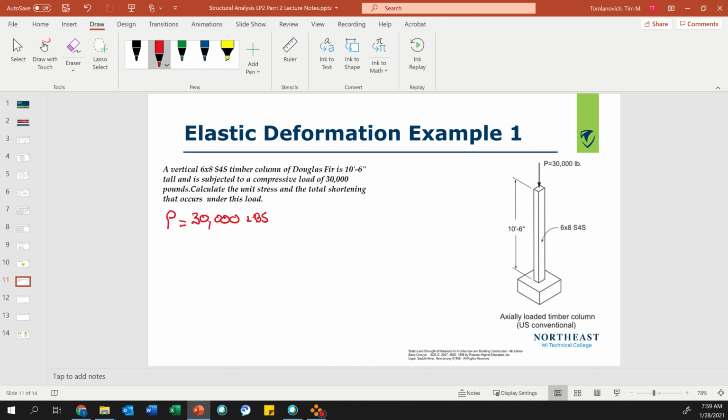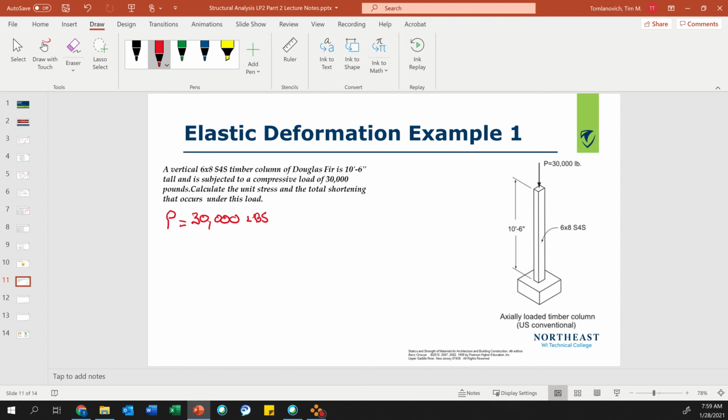It might be in the appendix, which has a nice table of S4S dimensional lumber. Yes, if you go to page 567 of your book, appendix A1, I need to know the actual dimensions of a 6x8 S4S.